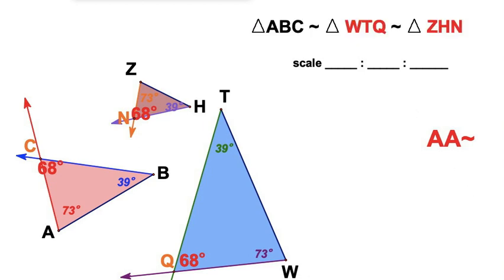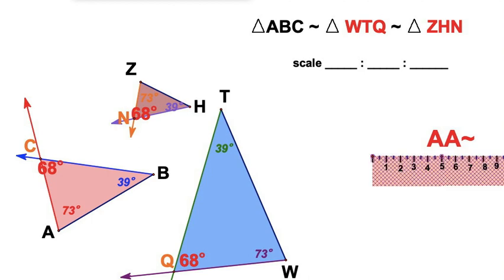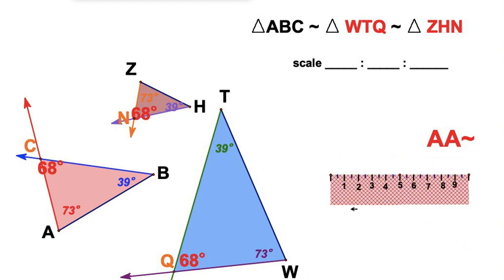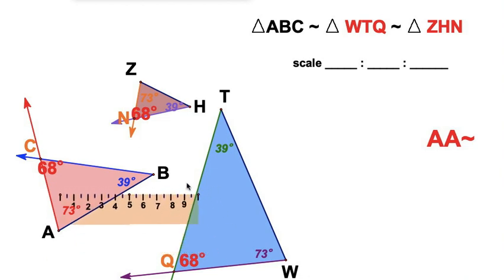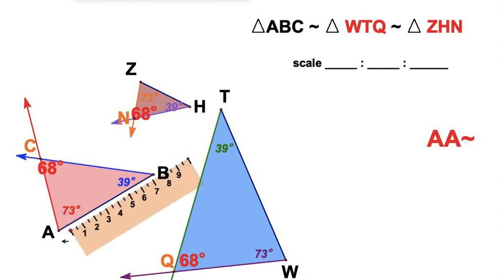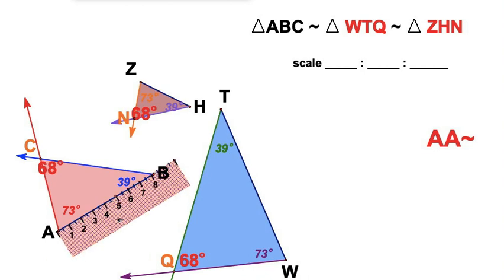Now, as far as scale, I did make these so that you could read them pretty easily. But maybe I should let you guys do this. I've got my simulated ruler right here. I simulated everything in this on this screen. I could line it up there, and I could see I've got 8, or I could line it up on the 1.